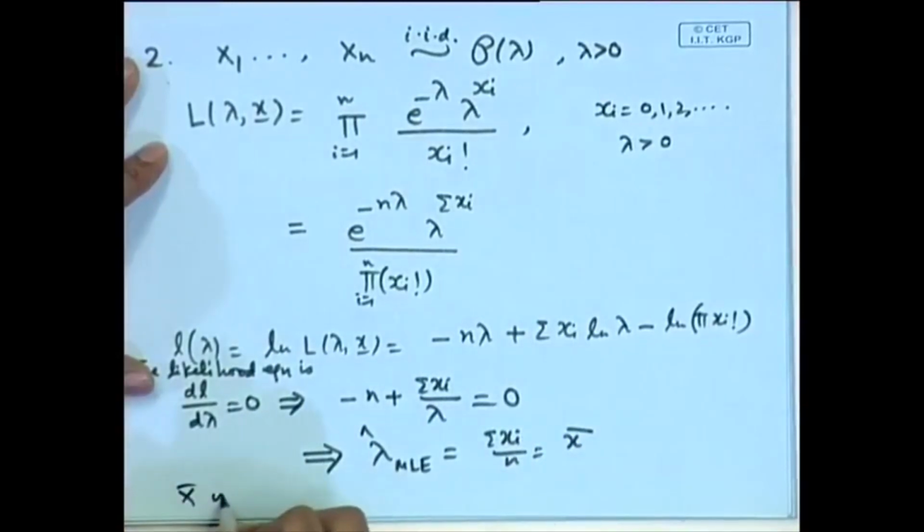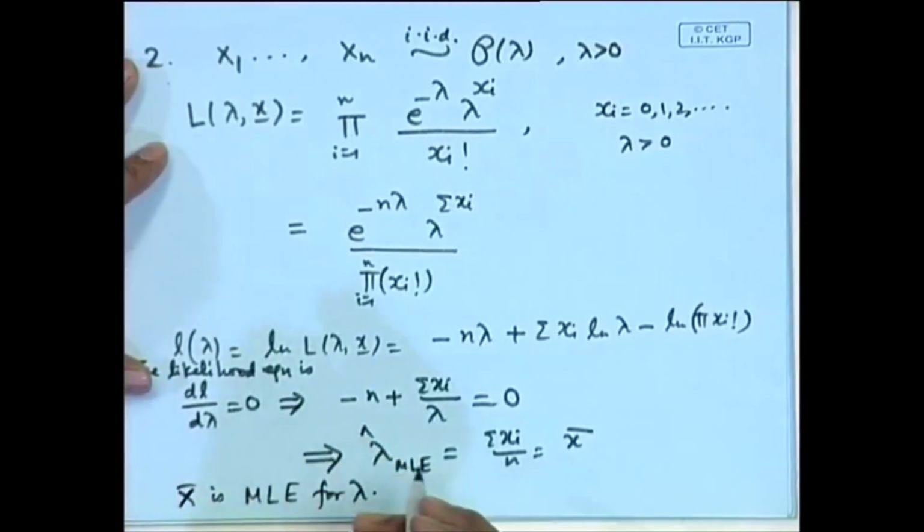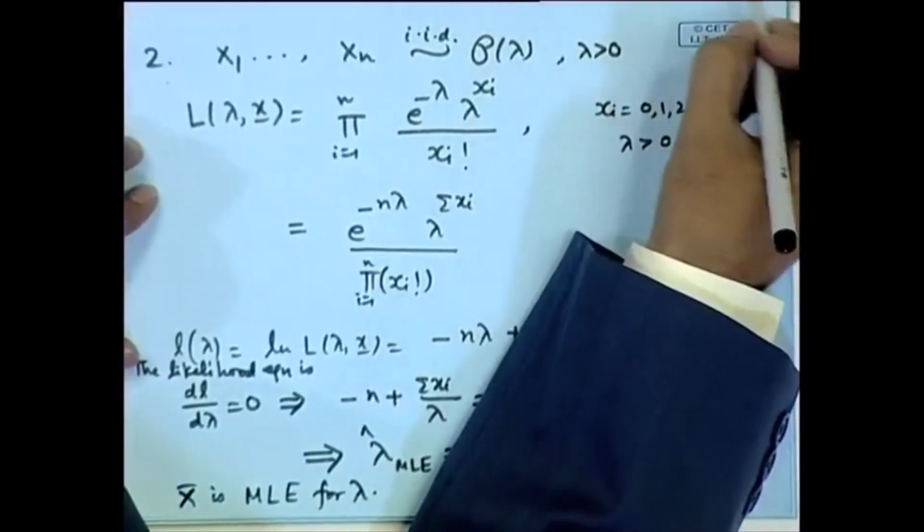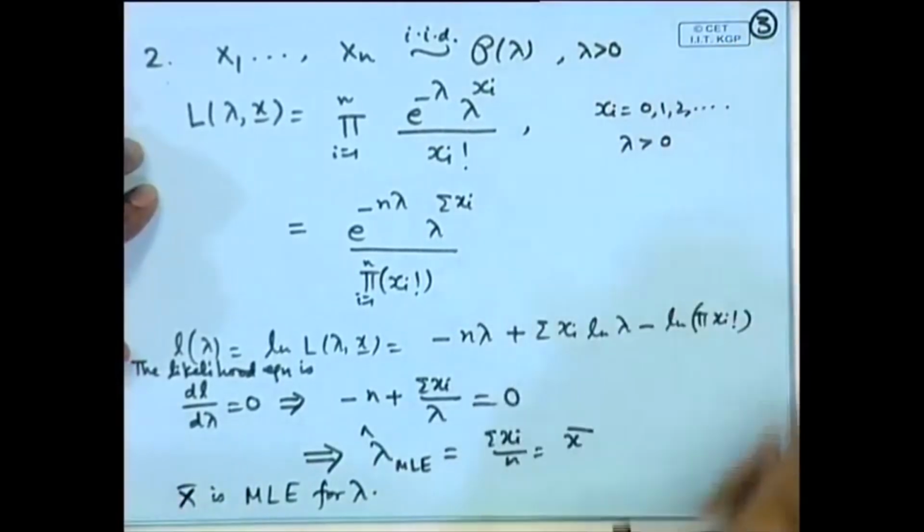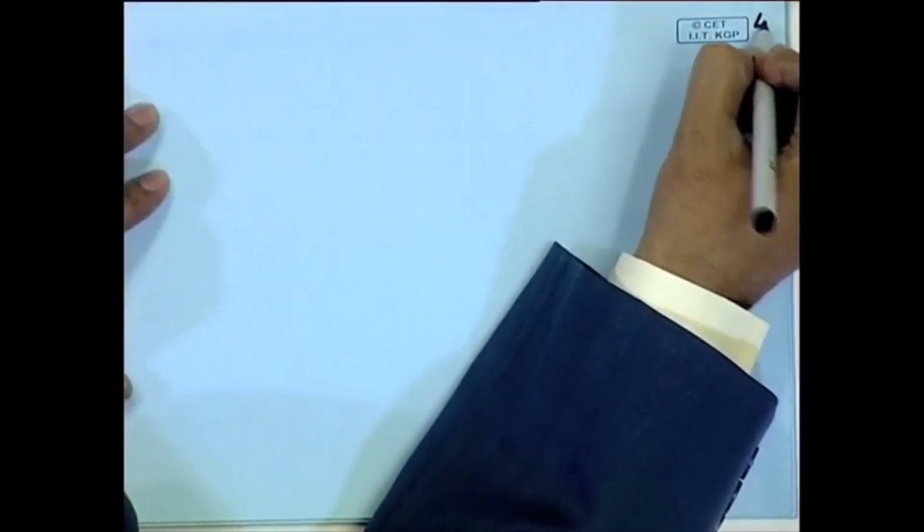So, x bar is the maximum likelihood estimator for lambda. Note here that in these two cases the maximum likelihood estimator and the method of moments estimators are the same. However, as we will see, it is not a rule, in many cases they will not be the same. Let me take an example of that kind.